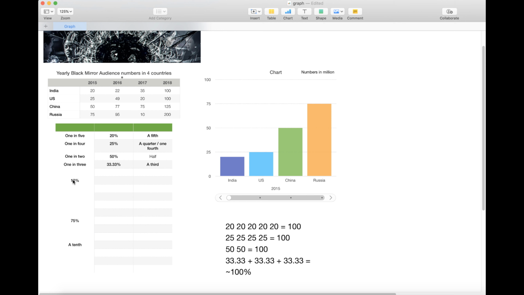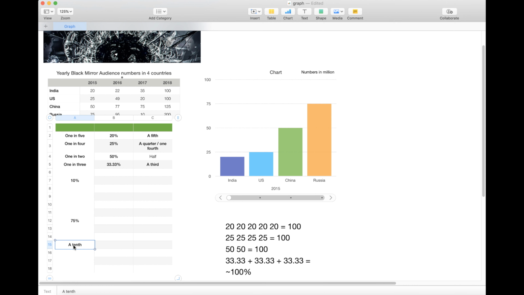Let's keep going. So we have 10% here. Now we started with the percent. Another way of saying it is a tenth. 10% is a tenth, pardon me. Or you could also say 1 in 10. It's the exact same thing. Now 75%, we would say 2/3.